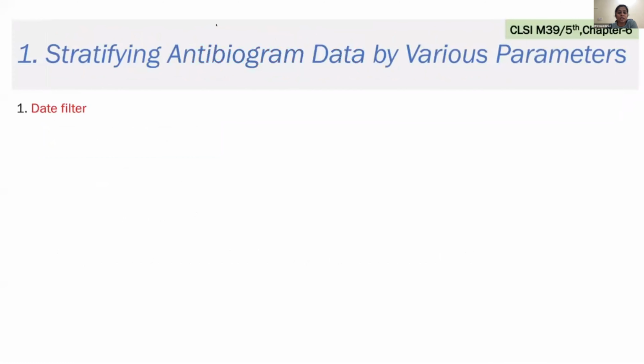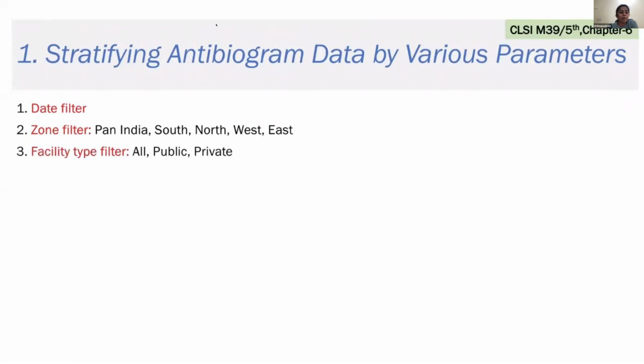The various filters are the date filter and the zone filter. There is a multicentric study going on now to collect the pan India data. So you can apply a pan India filter, or you can analyze your antibiogram for South India, North, West, or East India. Likewise, the zonal filter can be applied.